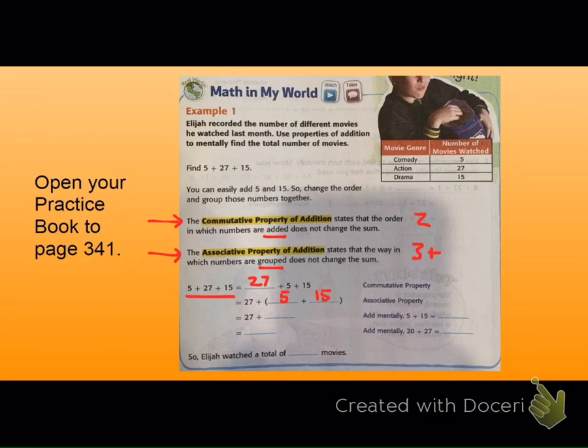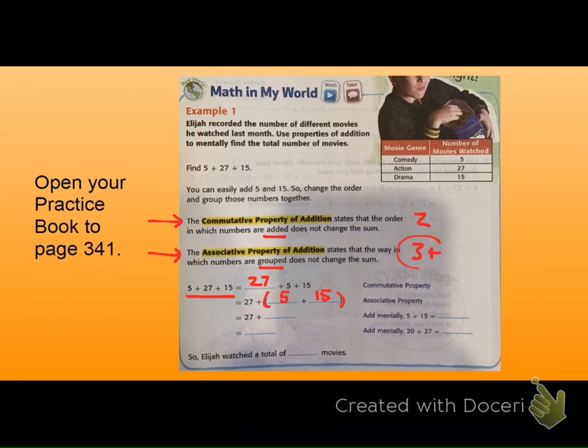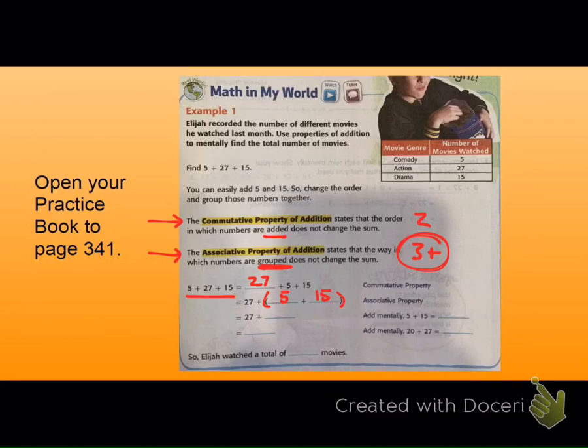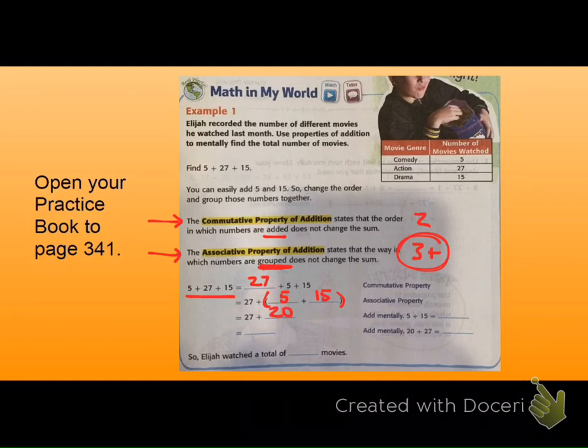So we're grouping them together. See, we have the parentheses here. That is our associative property. Remember, whenever we're grouping together, we talked about that grouped. And now we just need to go ahead and add. So 27 plus the 5 plus the 15, that's equal to 20. So that's easy to add in our head. We get a total of 47.